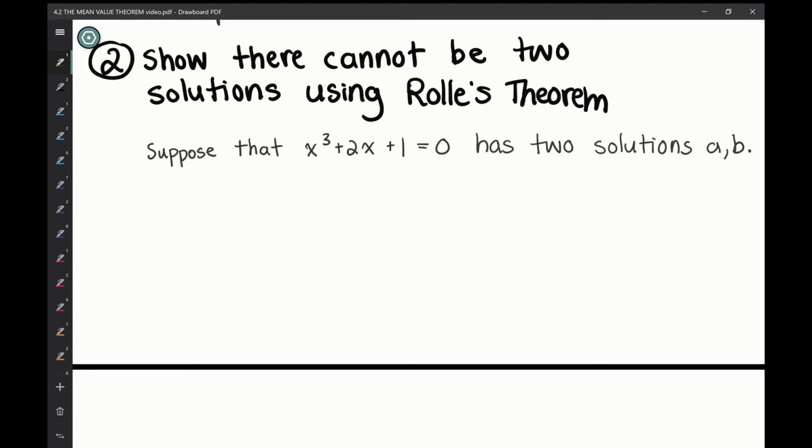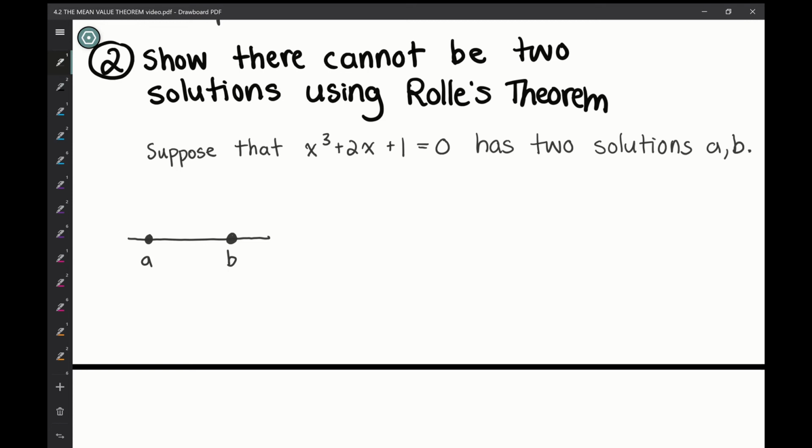Now, if it has 2 solutions, that means that the output for A and the output for B are both 0. So when we input A, we output 0. When we input B, we output 0.